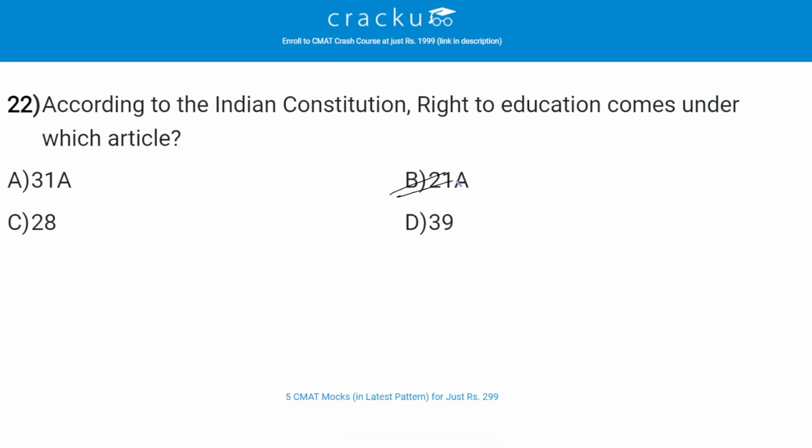The Right to Education Act 2009, also known as the RTE Act 2009, was enacted by the Parliament of India on 4th August 2009. In this, the importance of free and compulsory education for children aged between 6 and 14 years in India is described. Let's check the next question.